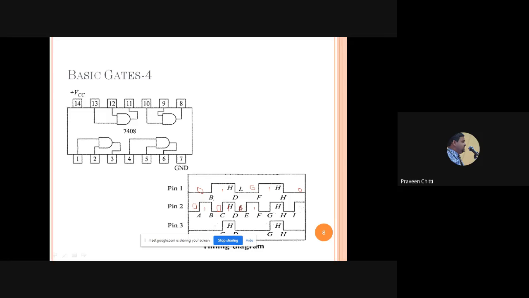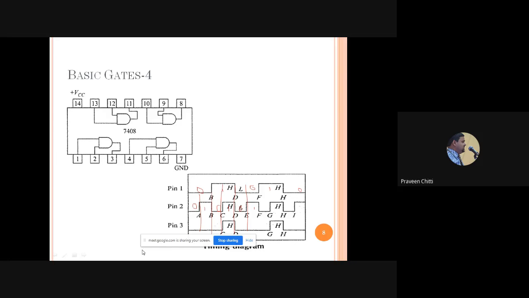These two are the inputs. Now, how do you write the output? Wherever the input changes, you have to check what the output is at that interval. So you can draw vertical lines like this, wherever the input is changing, so that you can easily draw the output.